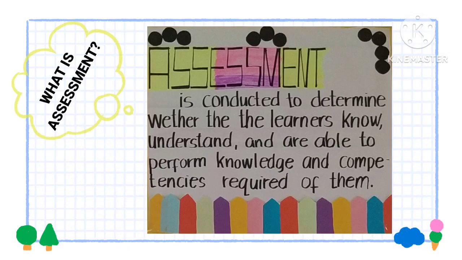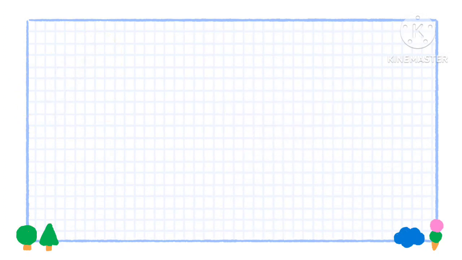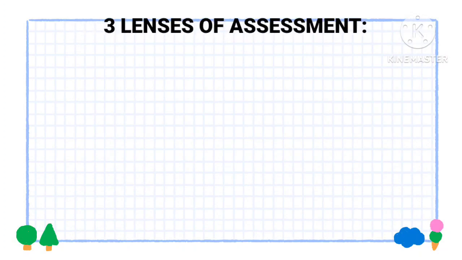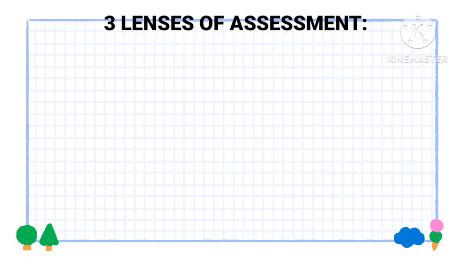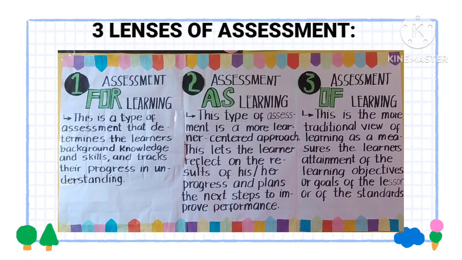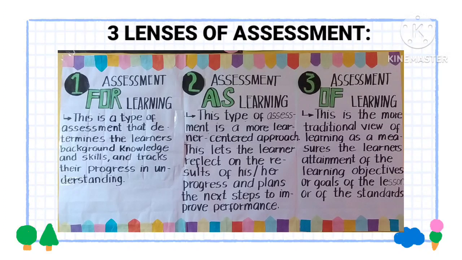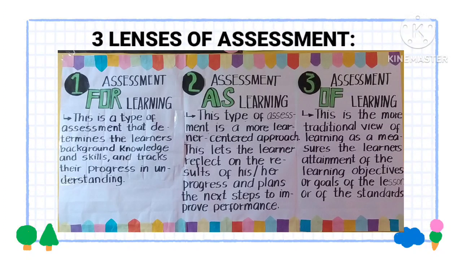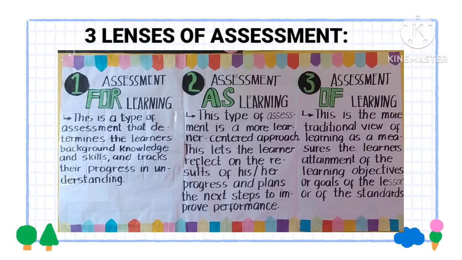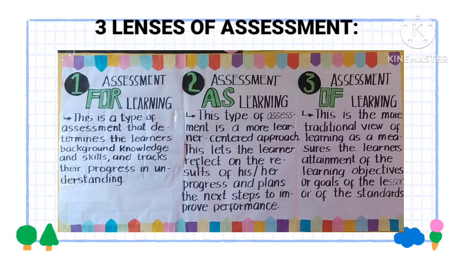In addition, assessment is not the only way we can measure student performance, but it is also a way for teachers to plan instruction and reflect on their own methods of teaching. So there are three lenses through which assessment can be viewed. The first one is assessment for learning. Next is assessment as learning, and the third one is assessment of learning.